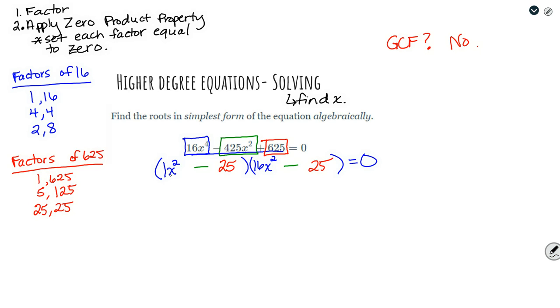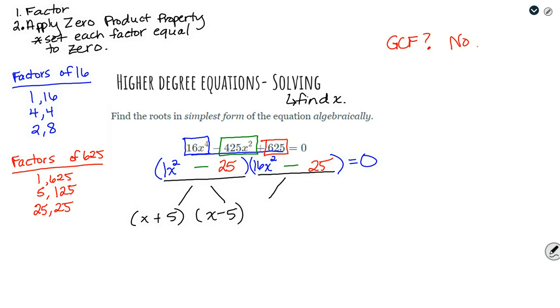Oh, I have a perfect square minus another perfect square. That's a difference of squares. So that will factor into x plus 5 times x minus 5, because x squared is a perfect square, so the square root of x squared is x. 25 is a perfect square, the square root of 25 is 5. Oh, perfect square minus another perfect square.